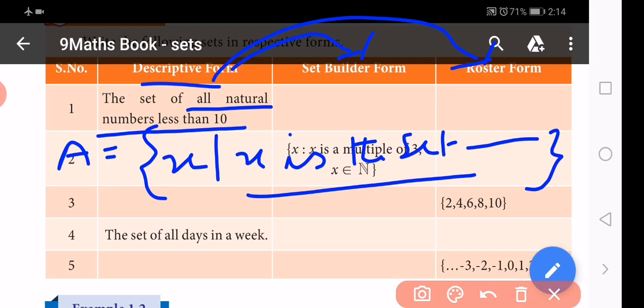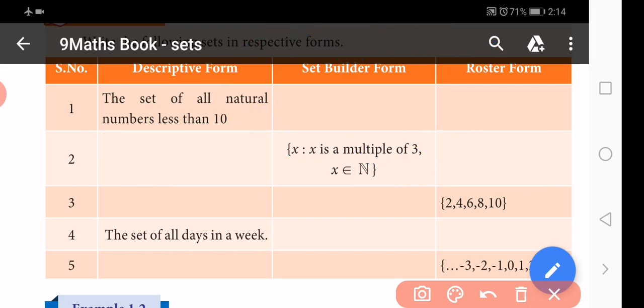You understand? Okay. So next one, in roster form, the set A equal to, within the set notation we write all the elements separated by comma. So the set of all natural numbers less than 10.